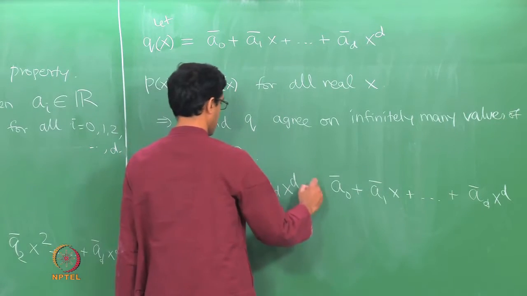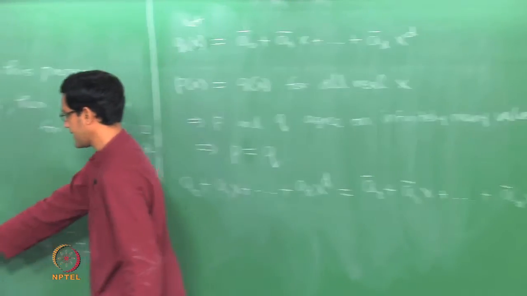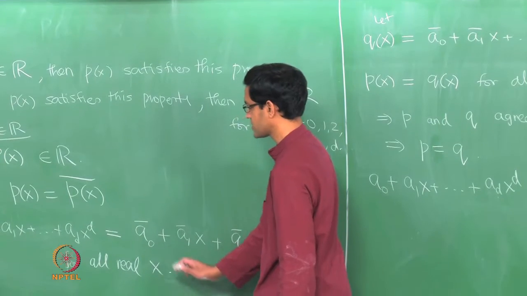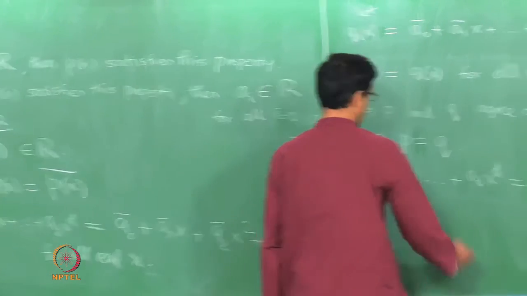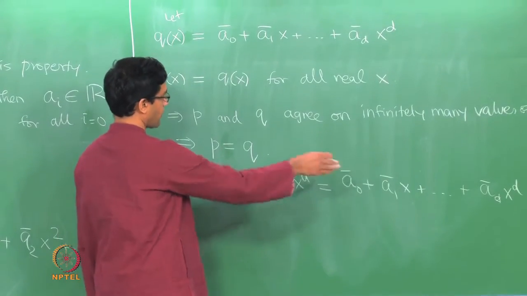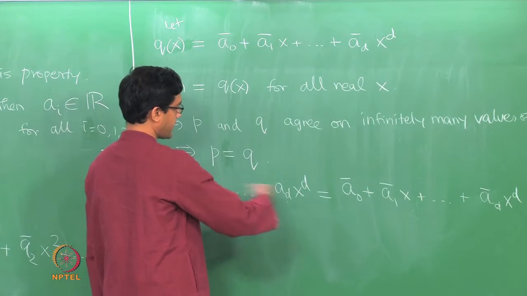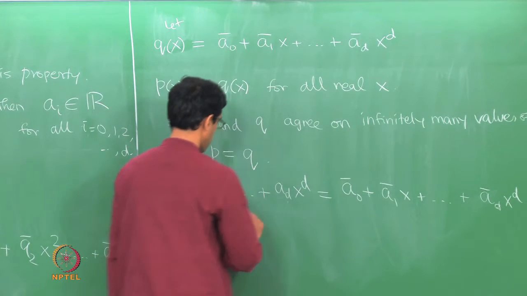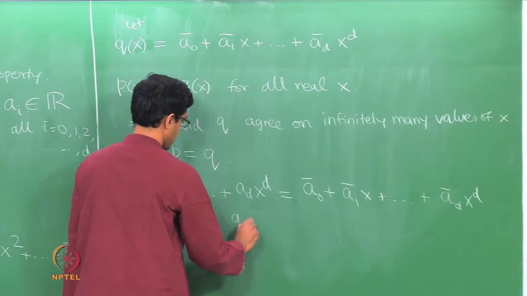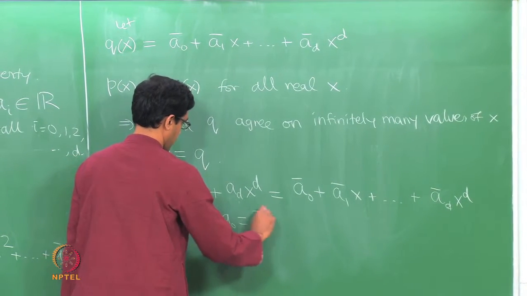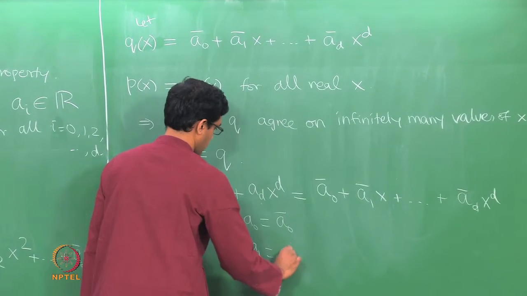Okay, so it's sort of a little bit like this equality, but this equality is thought of as only holding for all real values x. This equality actually holds for all complex values x if you wish, since they are identically the same polynomial. So this means that a0 is the same as a0 bar, a1 is the same as a1 bar and so on.